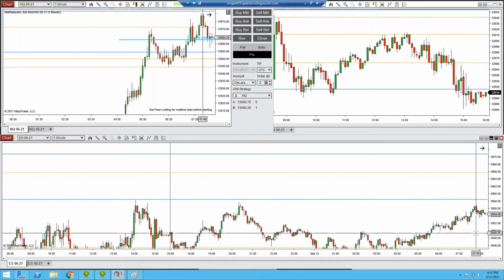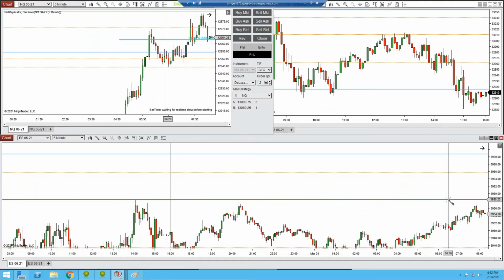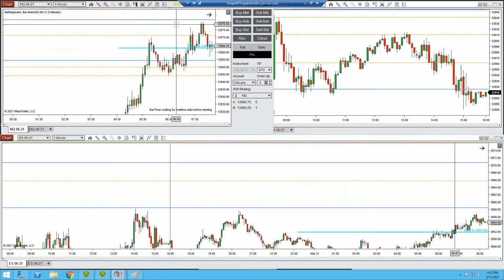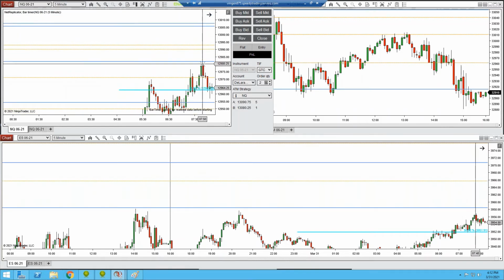Let me put this 50% back in here. And we were gonna maybe come down to the 50% on ES and test it again before the move up. So I was thinking we would maybe test here, run up through this CP and come up to these two.